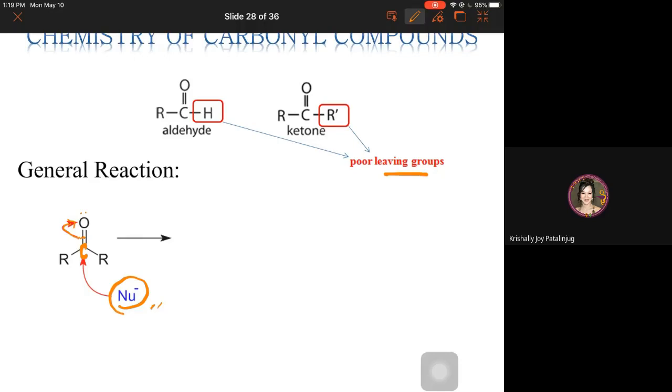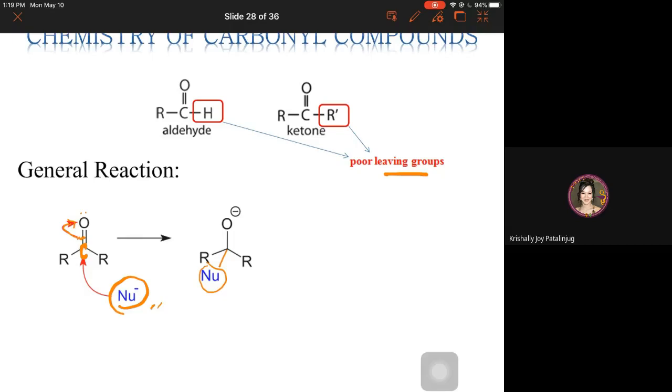So upon attack of the nucleophile, the pi bond breaks. This is applicable for ketones and aldehydes. Again, they are not easily removable. So the pi bond breaks. And recall, pi bonds are weaker bonds compared to sigma bonds. So the pi bond breaks in order to form a new bond, so that the nucleophile can attach.